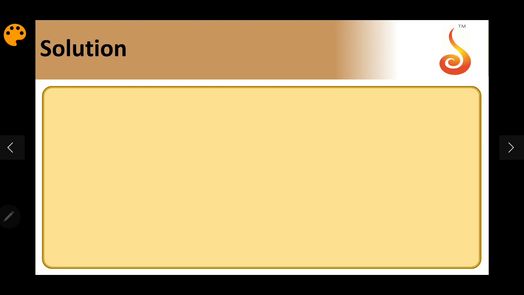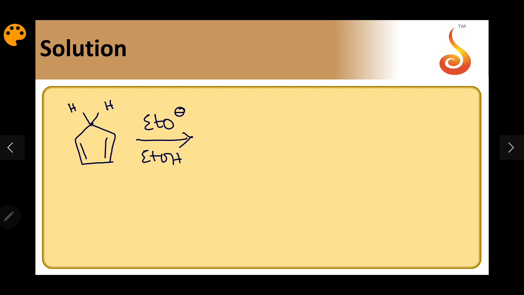So we are given cyclopenta-1,3-diene, and in the medium I have EtO minus, EtOH. So EtO minus, as we know, is a very strong base, and in cyclopenta-1,3-diene there are 2 hydrogens here which are quite highly acidic.